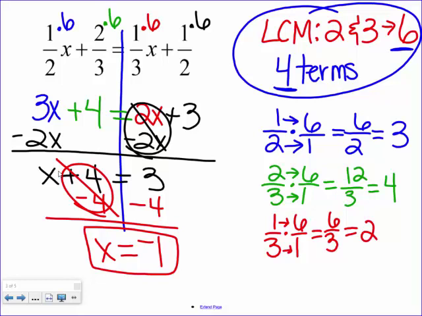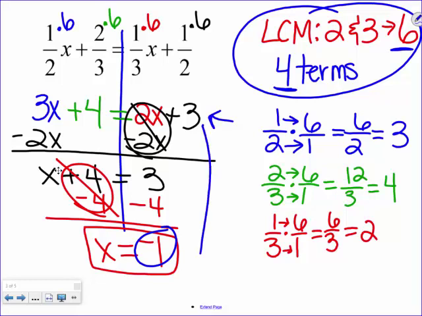Can't you, after you get all the fractions to whole numbers and then it's a multi-step equation, check it like that? Okay, so the question was, can we check from this point right here? Could you take your answer and plug it in for x in that multi-step equation? The answer is yes. However, we're pretty good at stuff like this now, right?